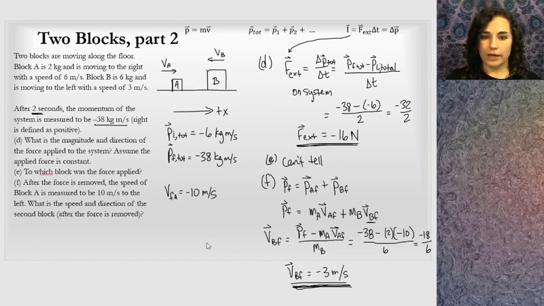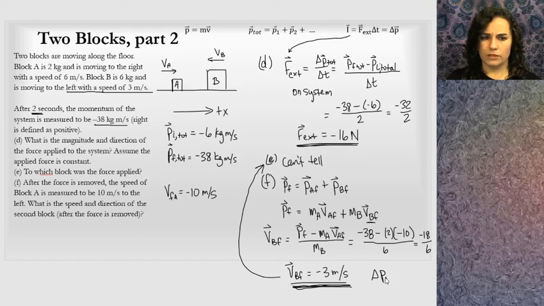I'm going to go back and look at what was going on and see that block B was originally moving to the left with a speed of 3 meters per second. That's what this answer is telling me. In the final state, it's also moving to the left at negative 3 meters per second, which means I can go back up to E and say, oh, well, the velocity of B didn't change. The momentum of B didn't change, right?